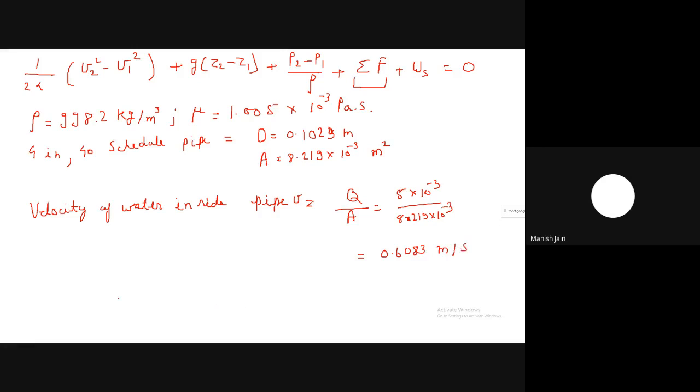Now you can calculate the Reynolds number, N_Re, that is equal to d V rho by mu.